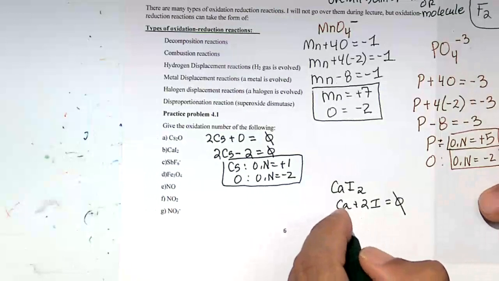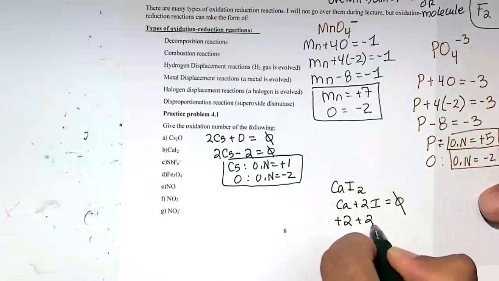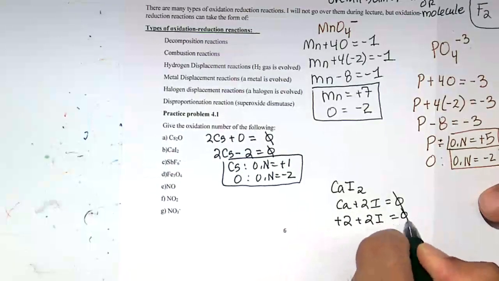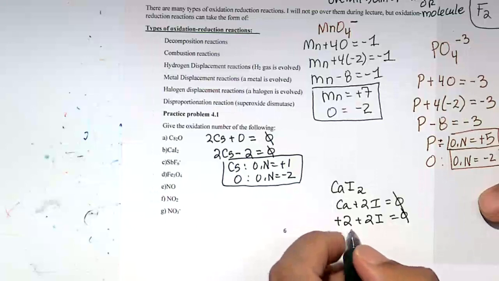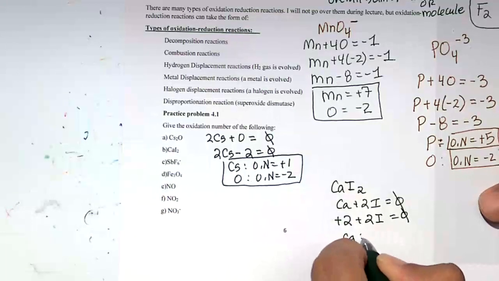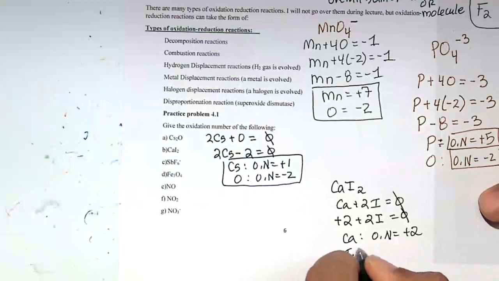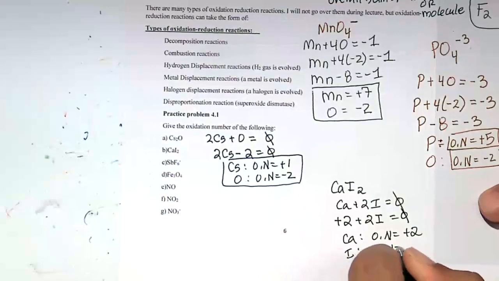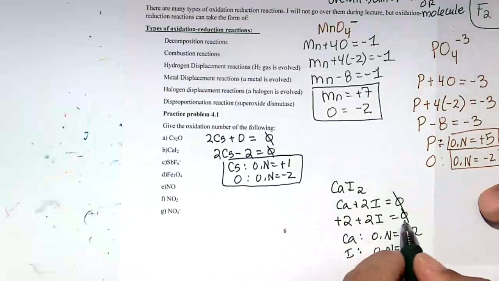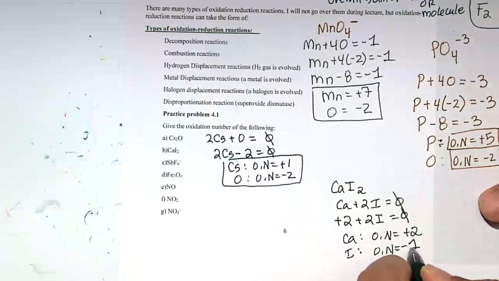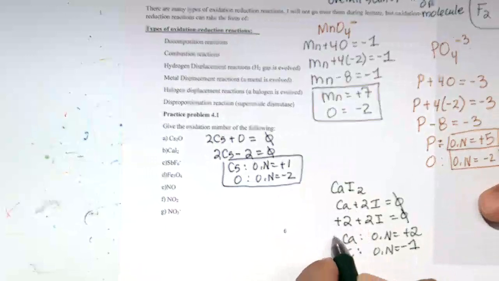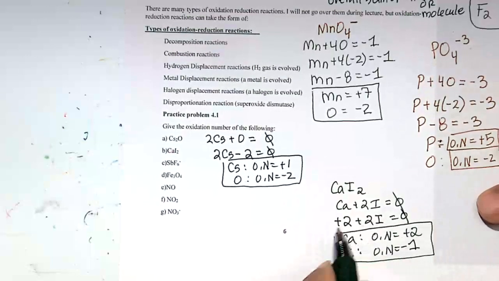So it's the same as the charge for group 2. And so calcium is going to have an oxidation number of plus 2, and iodine will have an oxidation number of, what is iodine equal to? Minus 1, same as the ion. Okay, same as the ion.